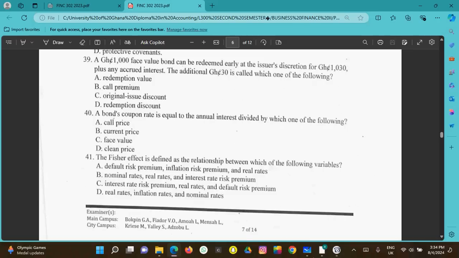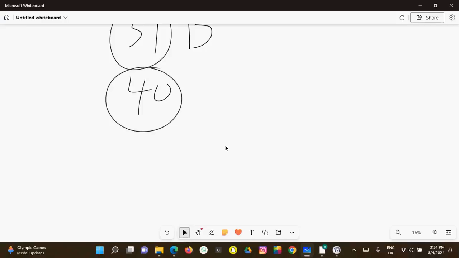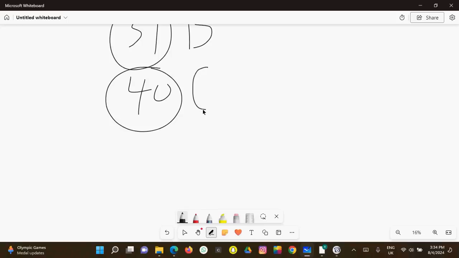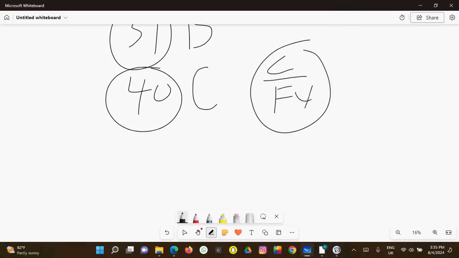It's C. We know that the coupon rate is equal to coupon over face value. That's why the answer is C. And here it is face value. Remember, I represented everything to be firm value some time ago, but here I'm representing it to be face value.